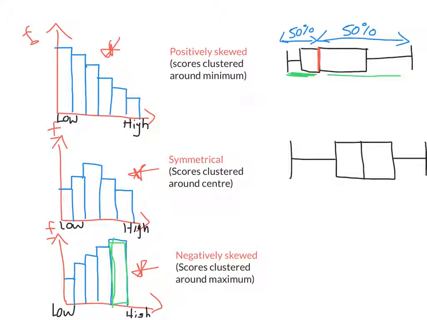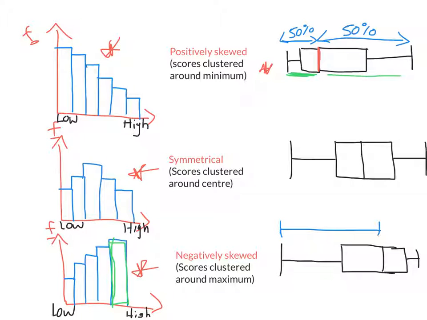So negatively skewed would be the opposite of this one here. What would happen is there'd be a wide sort of range for the lower scores. And as you get larger, the box plot gets narrower like this, okay? So again, that's because from here, from the minimum to the median, is 50% of scores in a wide range.